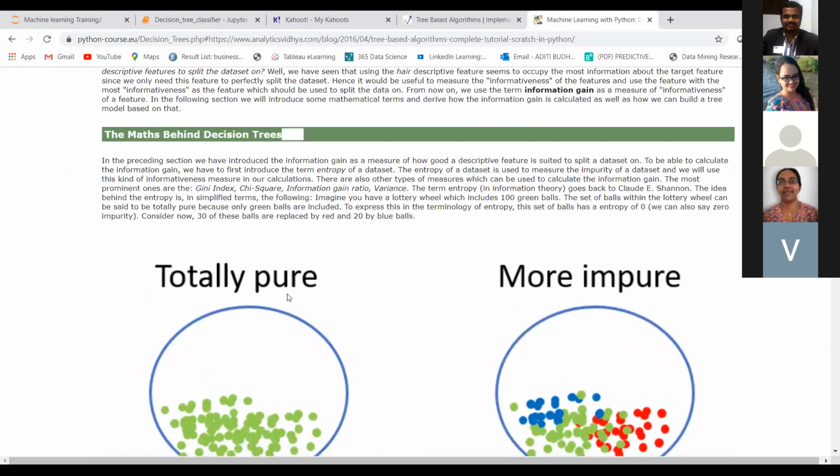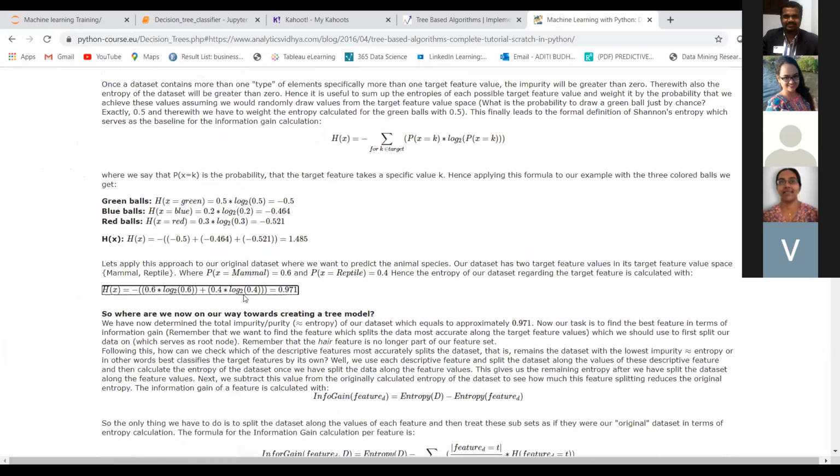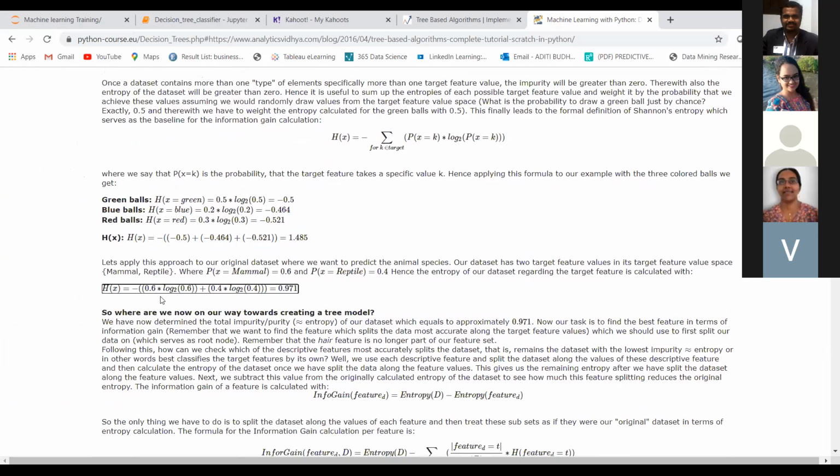So come back to this formula over here. What is the probability of that animal being a mammal? It is 6 by 10, right? So 6 mammals we have out of a total of 10 animals. So we are using that probability into the log of that probability.